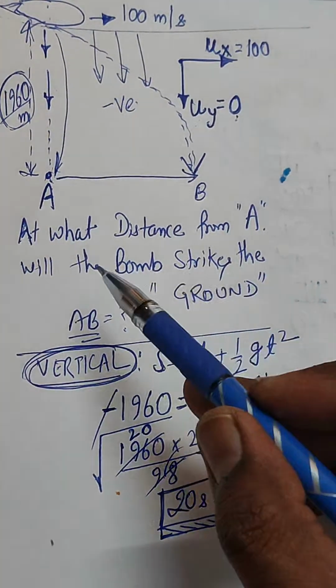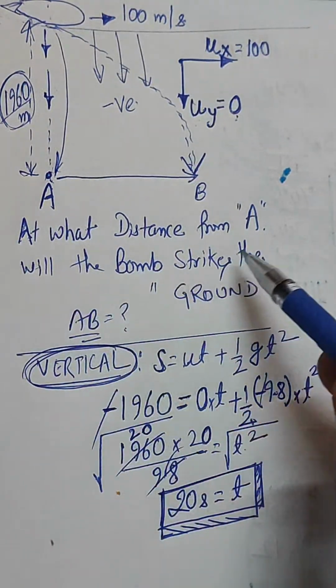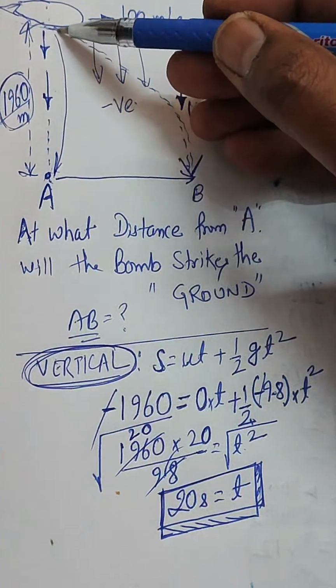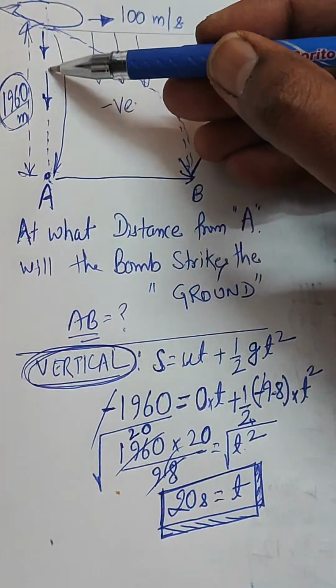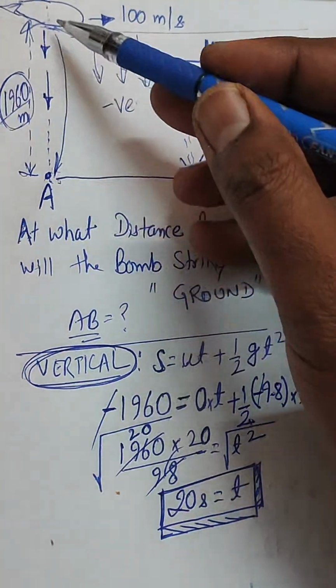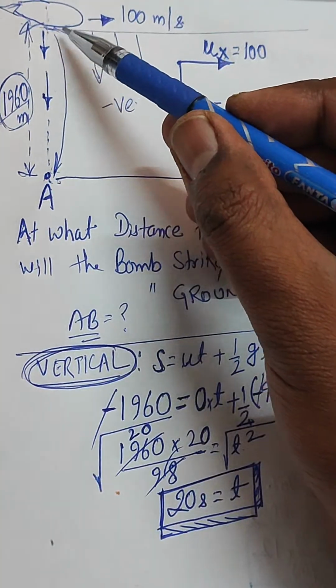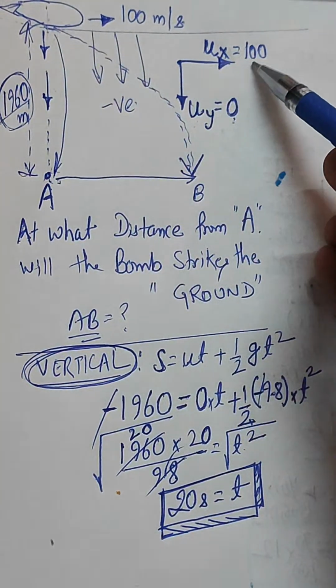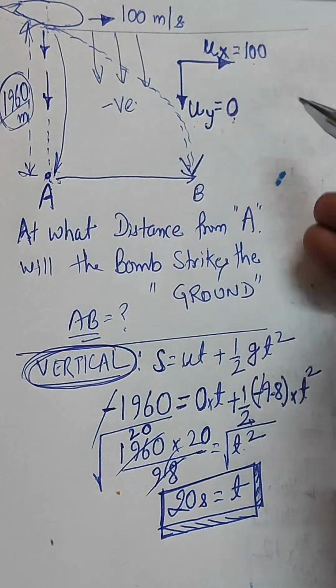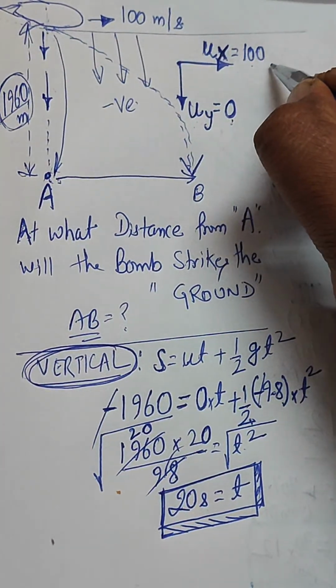Our question is: at what distance from A will the bomb strike the ground? Because the aeroplane released the bomb at this point, okay? But it will not strike directly, because the aeroplane is not standing over here. It is having some velocity. So the initial velocity in the horizontal direction, this is ux, is 100 meter per second.